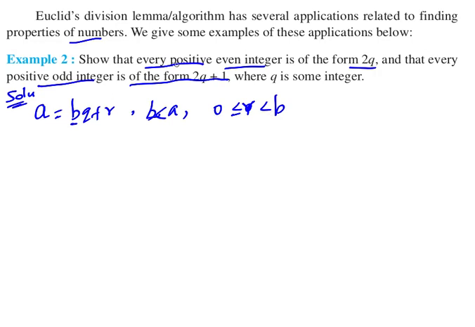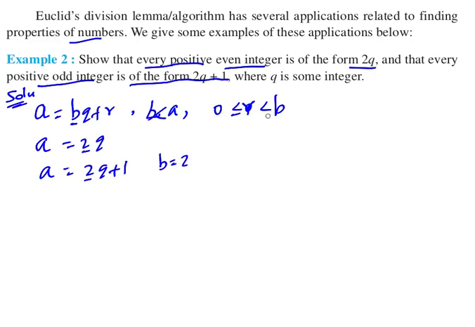So any positive integer a, according to this, we have written in the form of 2q when it is an even integer, and when it is an odd integer, we have written a in the form of 2q plus 1. So in the place of b we have 2. So b equals 2 here.